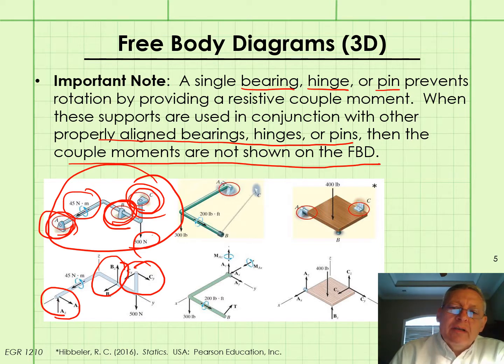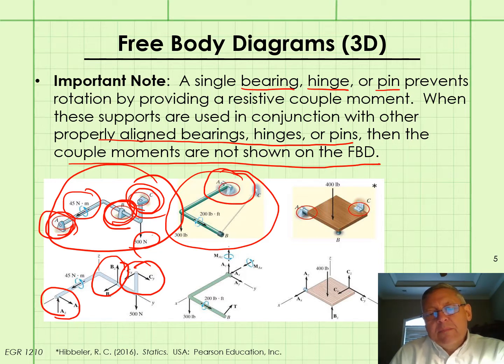Let's look at the second example here. So here's a pin connection, what's considered a single pin connection, and you can just consider it as a hinge, at least in this example. And notice that we don't have any additional pinned supports or hinges or journal bearings.